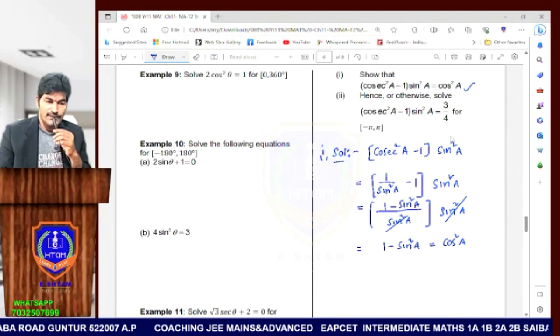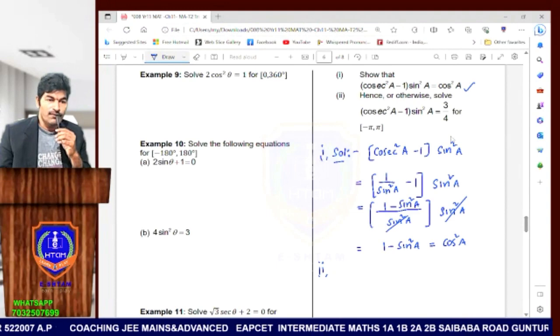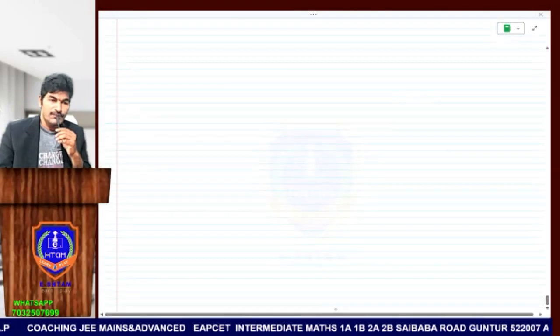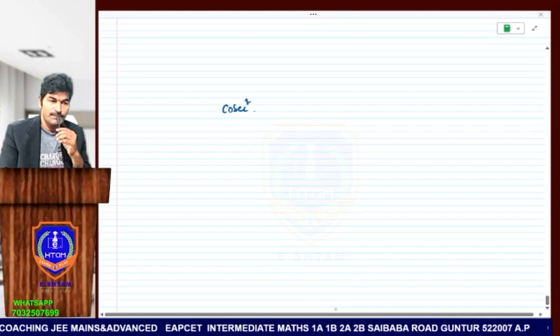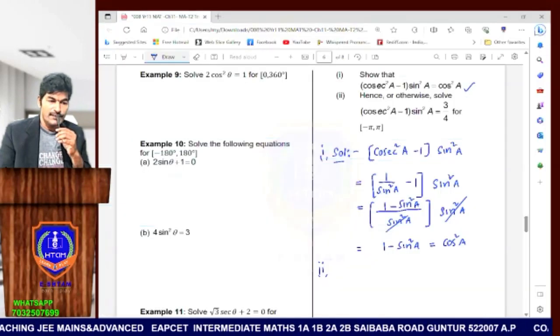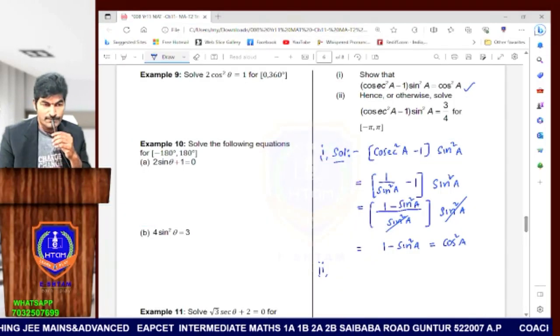And the second question, he is asking to solve the question in the ranges. Okay, I will consider this question. Cosecant square A minus 1 into sine square A. Understand this question.